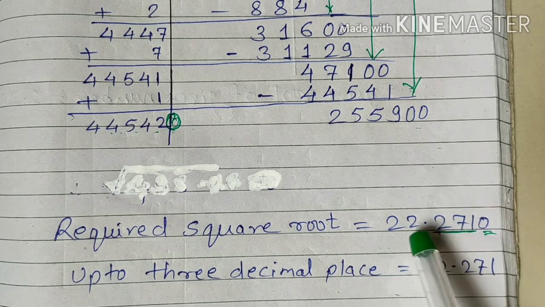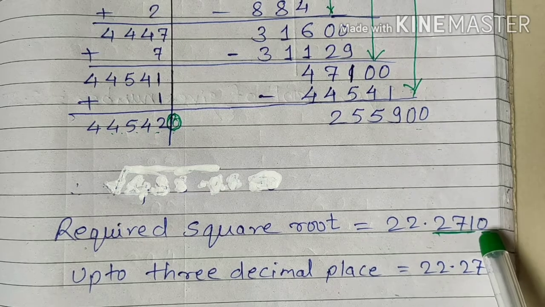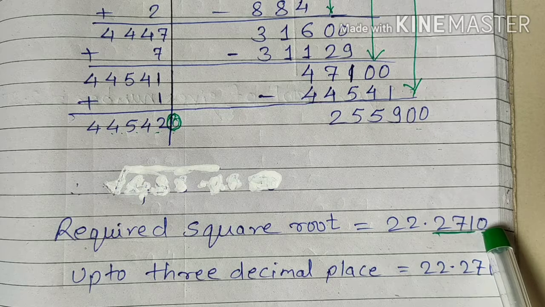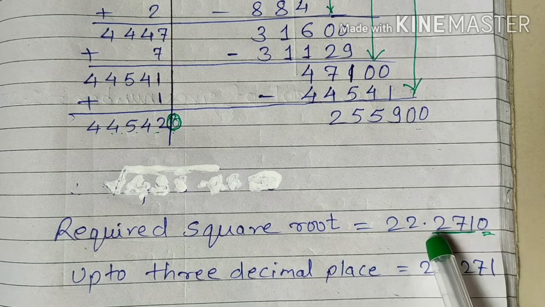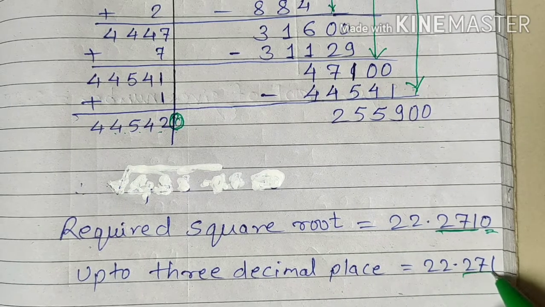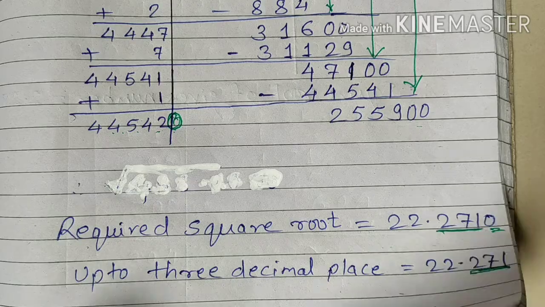That means it will become 22.272 if the 4th digit is 5 or greater. Got it? Since it is less than 5, it will remain the same, 271. After the decimal there must be 3 digits.